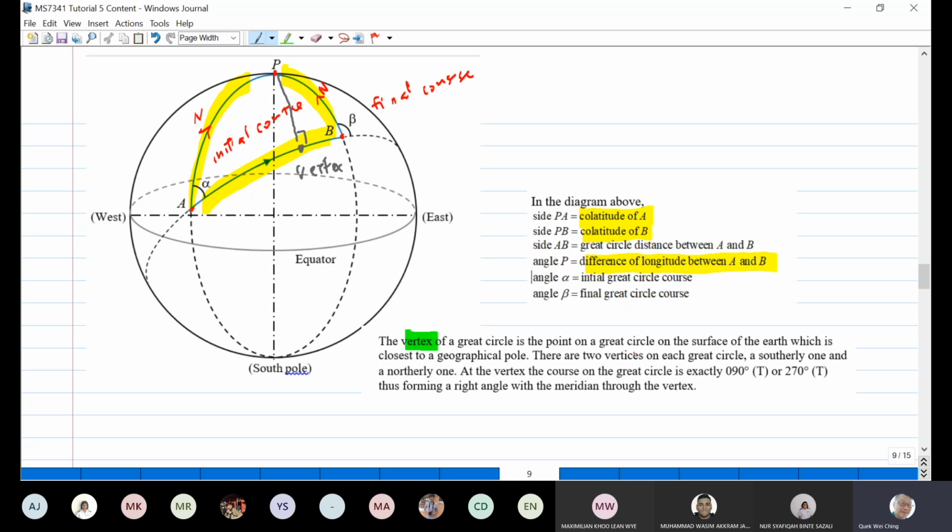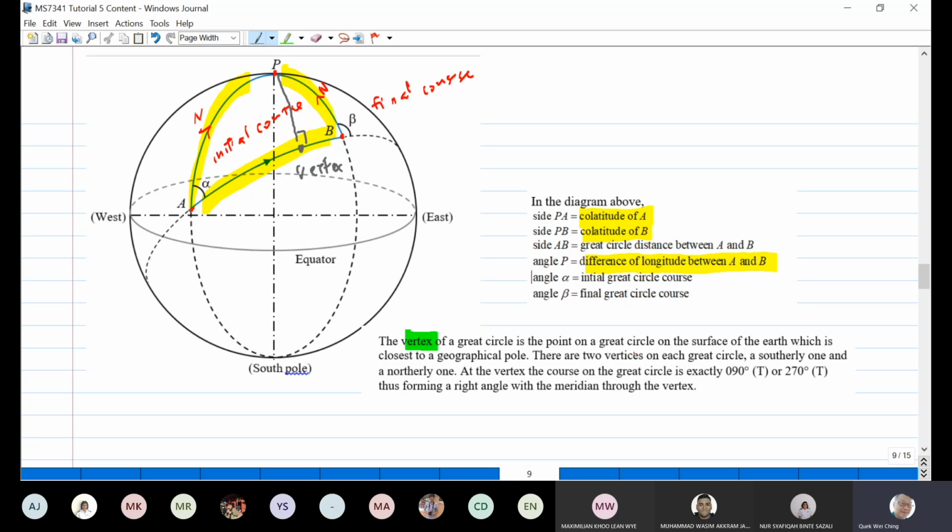That means when you join the vertex to the pole, the angle should be 90 degrees. And usually we also ask where this vertex point is, and how much it travels from A to B.